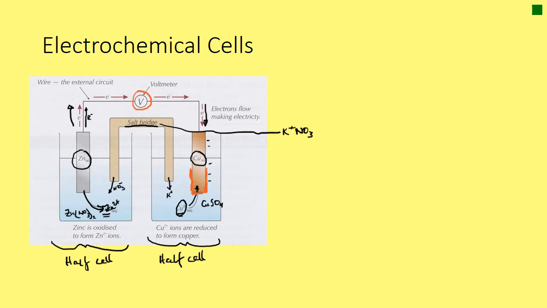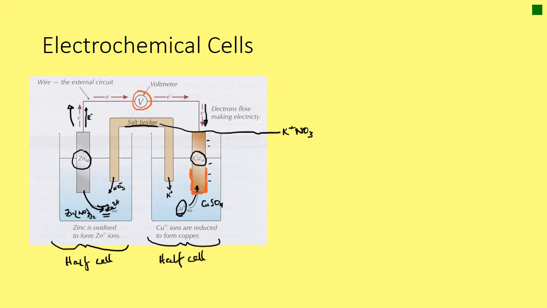And one last point about the voltmeter. So the voltmeter is basically measuring the electromotive force, the force that is being applied to the electrons to move around the circuit, right? And that force is coming from the difference in willingness of zinc and copper to give up their electrons.